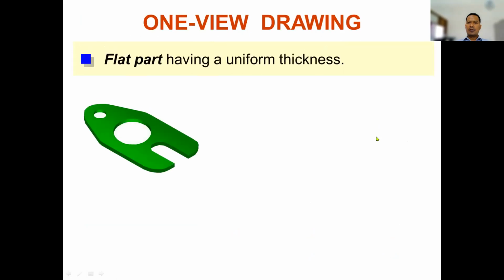And then 1 view drawing. Sometimes you only need 1 view in a drawing. This is for a flat part having a uniform thickness. For example, this part is created from plate, so it has uniform thickness. So you only need 1 view drawing.